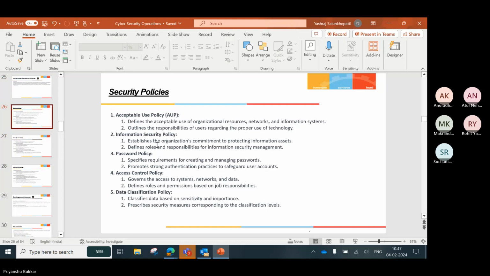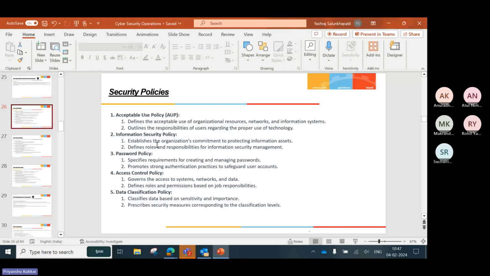Responsibilities is कि प्रॉपर यूज ऑफ टेक्नोलॉजी. जस्ट बिकॉज तुम्हें तुम्हारे मैनेजर ने कहा कि ये वाला डेटा इसे भेज दो या फिर अर्जेंट है, डोंट डू दैट प्लीज. There are legal consequences to it. Make sure that you go through the acceptable use policy. ठीक है. Information security policy establishes the organization's commitment to protecting information assets, and defines roles and responsibilities for information security management.